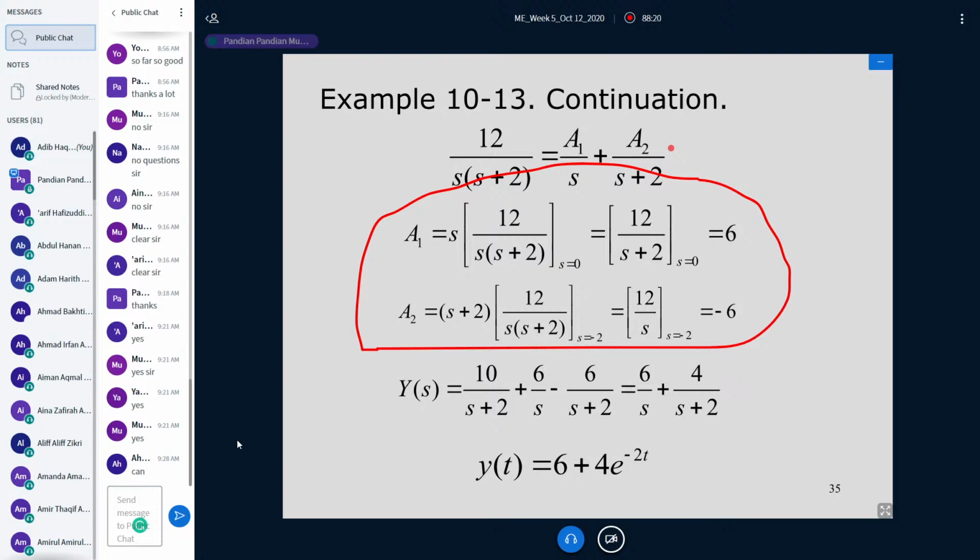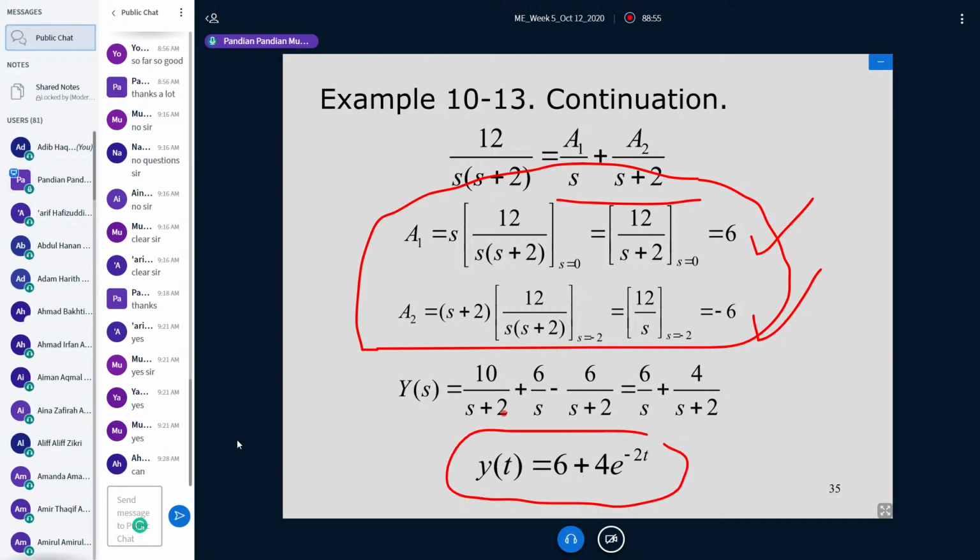How you find the value is up to you. 12 divided by s multiplied by s plus 2, you decompose like this using partial fraction, step number 1. How to find A1, A2 is up to you. We can use many ways to find A1, A2. But A1 in this case is 6, A2 is minus 6, and your final answer must be like this.